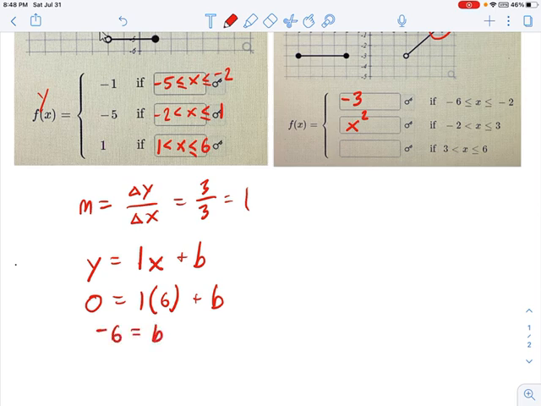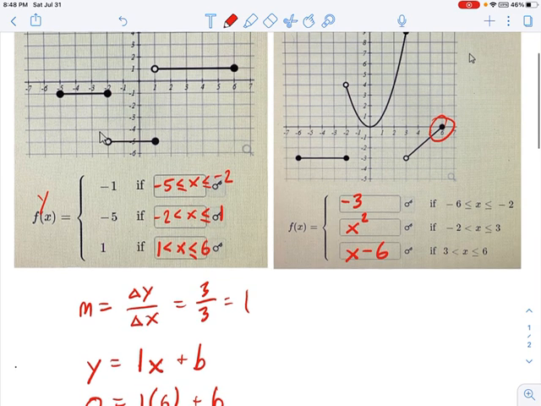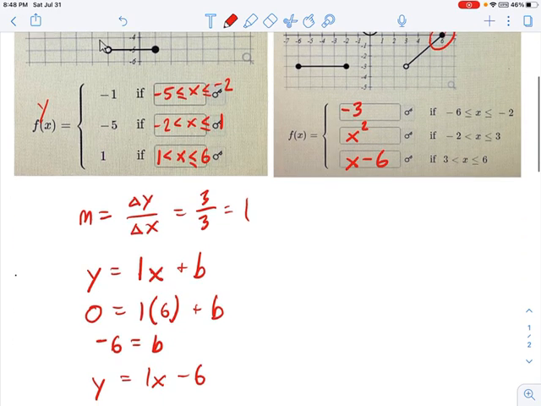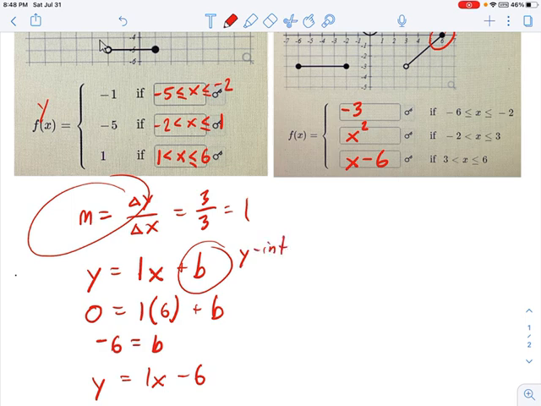So you plug that into your equation, and you get y equals 1x plus b, or -6. So in other words, x minus 6 is the equation. That's the procedure you go through when you're dealing with any kind of diagonal line, a linear function: first find the slope, and then find the y-intercept, this b value right there. And that's the method you'll use for these things.